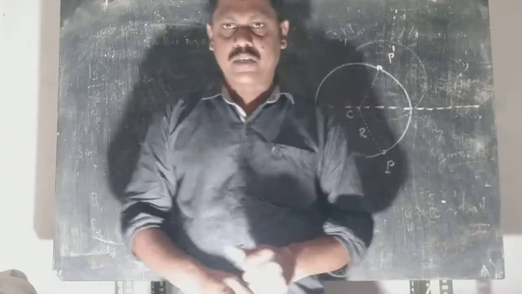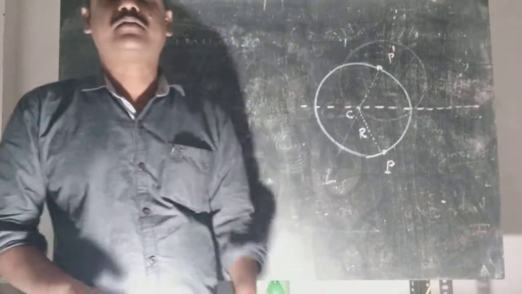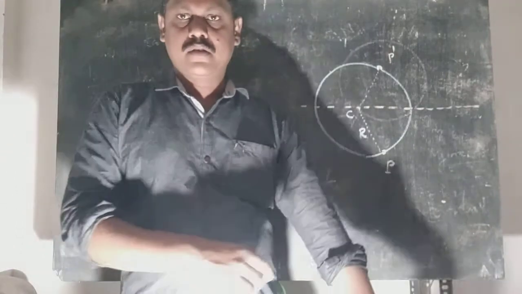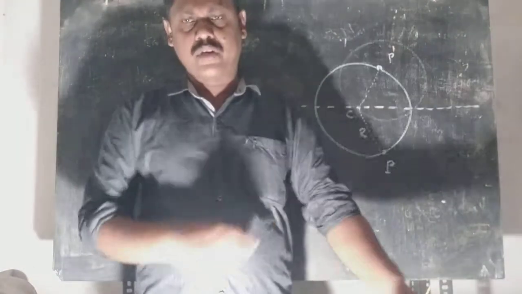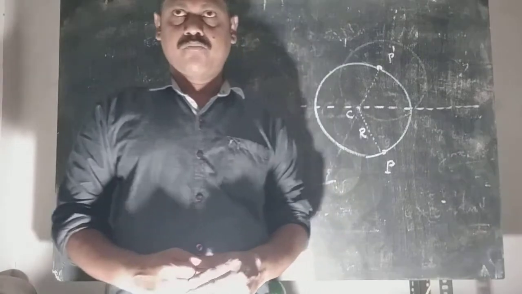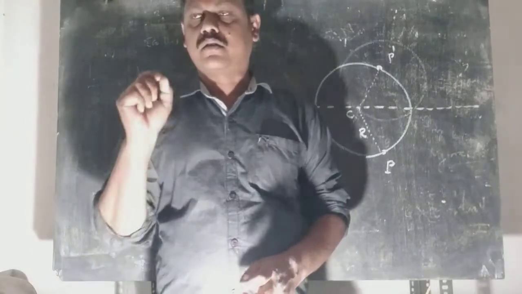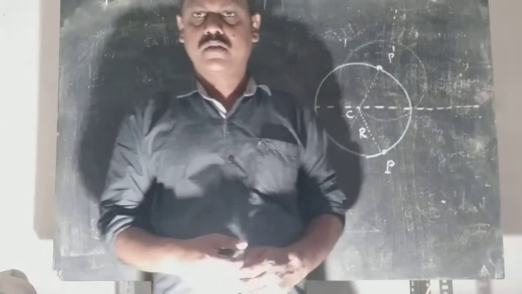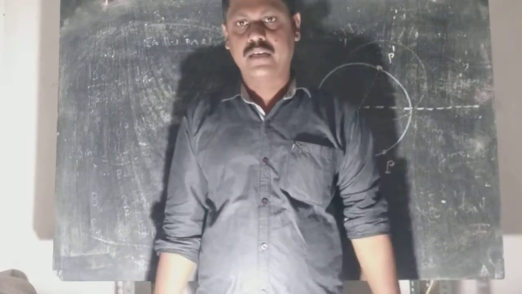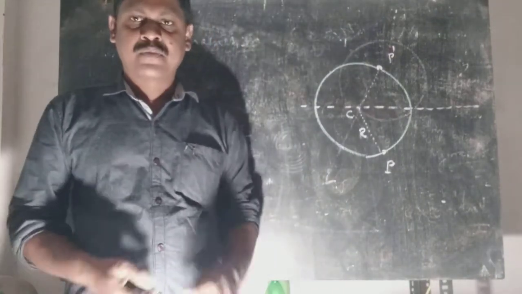Hi, good morning, students. We discussed in the last class about friction and different types of friction, the coefficient of friction, etc. We have seen that the cause of friction is due to the roughness of the surfaces in contact, which are in relative motion with respect to one another.